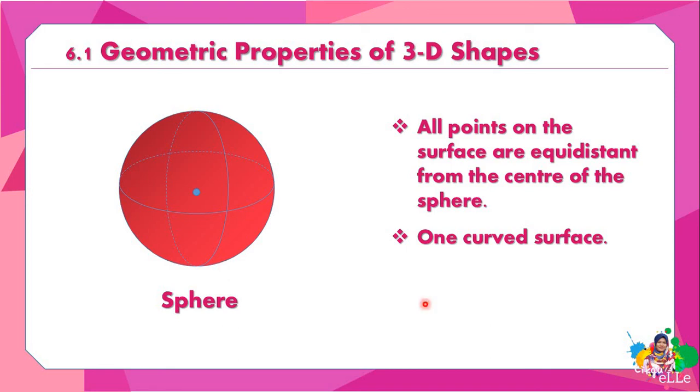Alright, so you have learned the geometric properties of 3D shapes. We know the properties of prism, and then you know the properties of pyramid, then you know the properties of cylinder, cone, and sphere, and you know the flat surface and curved surface.